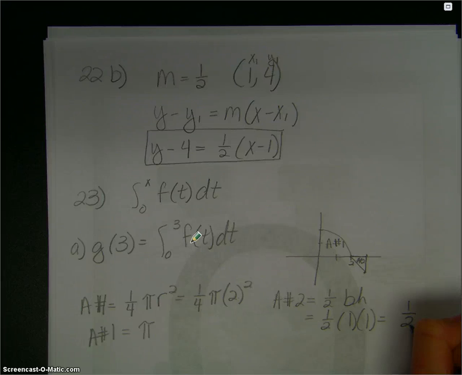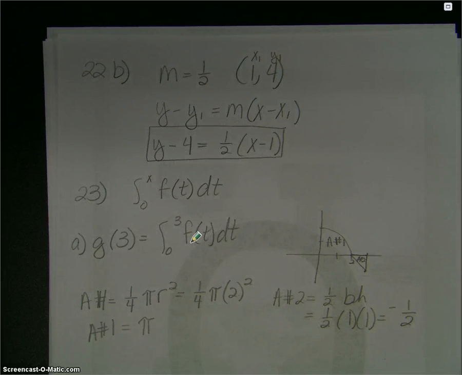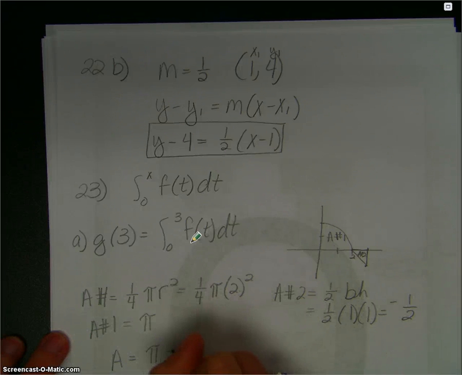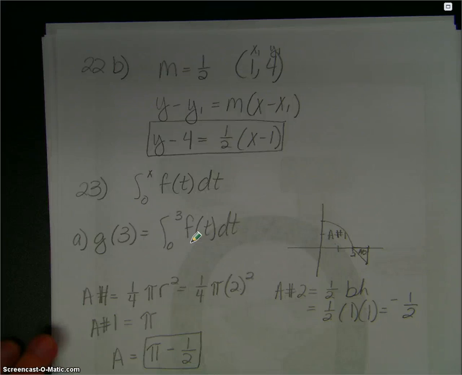But remember that that drops below the x-axis, so that's actually going to be a negative amount of area right there. Okay, so to find all of it from 0 to 3, I'm going to add together my 1/2 and my pi. This is -1/2, so I'm going to say that my area is pi minus 1/2.